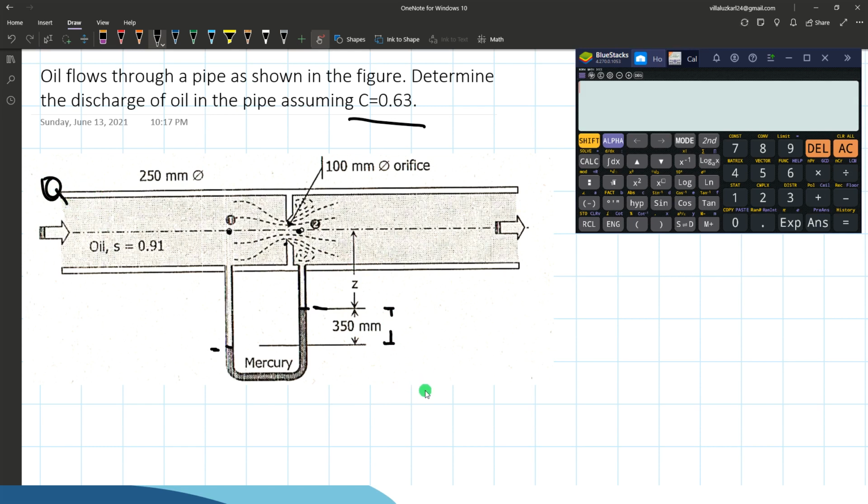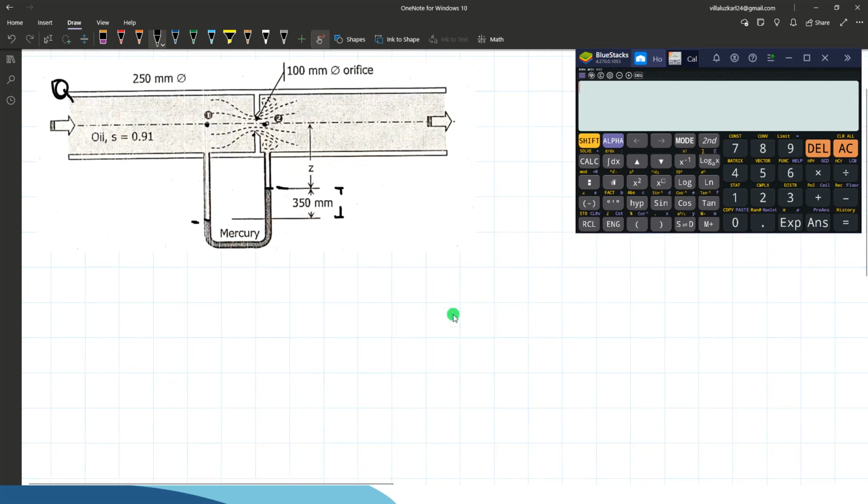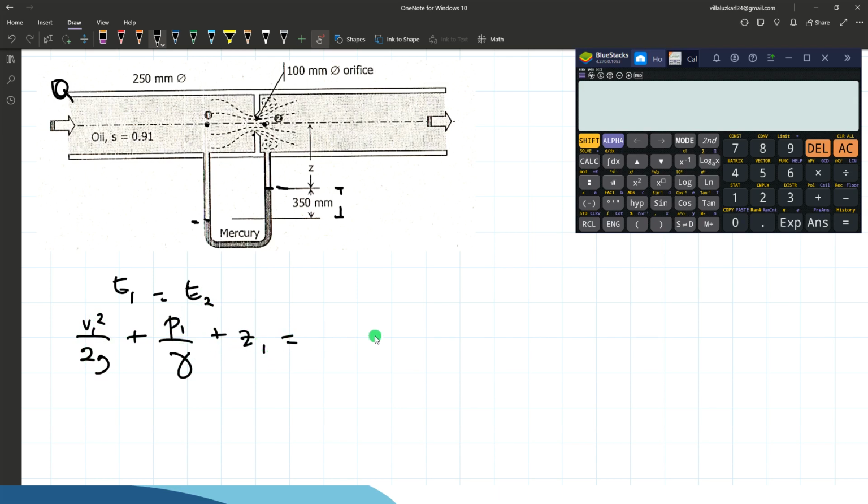Using Bernoulli's energy equation, the energy at point 1 is equal to the energy at point 2. So the energy at point 1, the sum of velocity head, pressure head, and Z, equals at point 2 the velocity head squared over 2g plus P2 over gamma plus Z2.